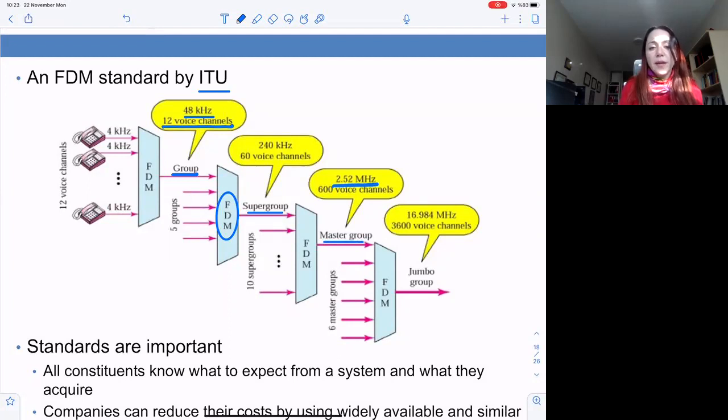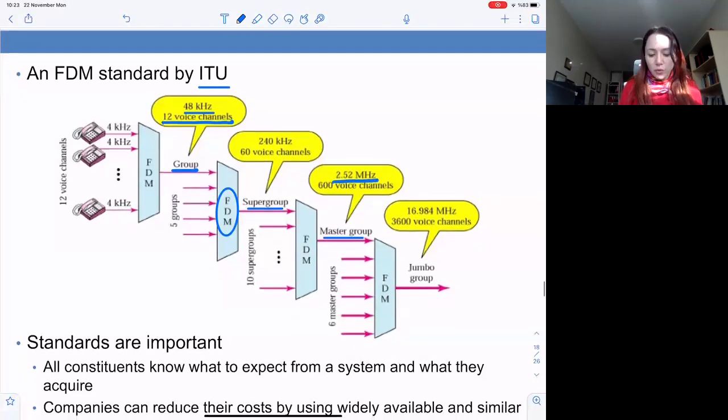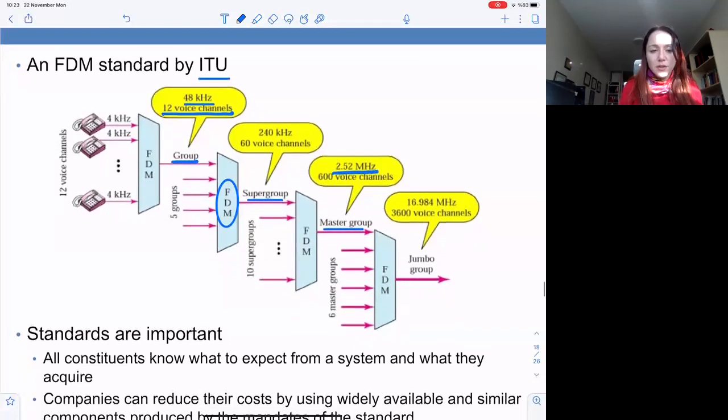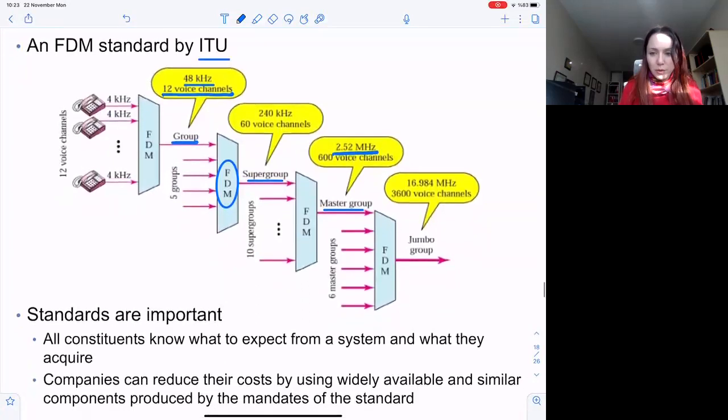So if you obey the standard and build a telephone receiver, your telephone is going to be able to get plugged into this system. Standards are important because all constituents, meaning equipment manufacturers, component manufacturers, and users, know what to expect from a system and what they need to do, and they get assurance that once they produce their product, they can sell it.